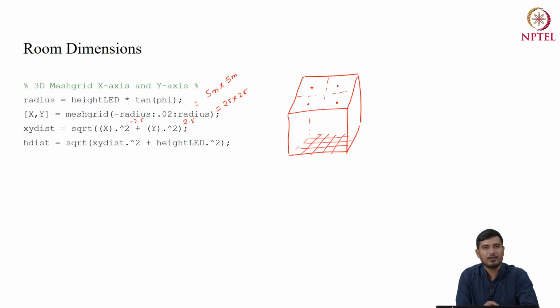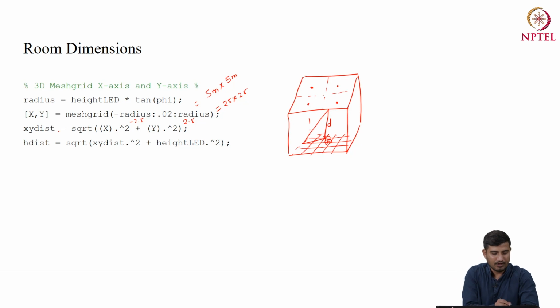So this R value will be minus 2.5 to 2.5. As you know, the VLC channel gain is distance dependent. Suppose some PD is lying somewhere here, and this is the line of sight path. In order to calculate this distance, you require the horizontal and vertical distances.